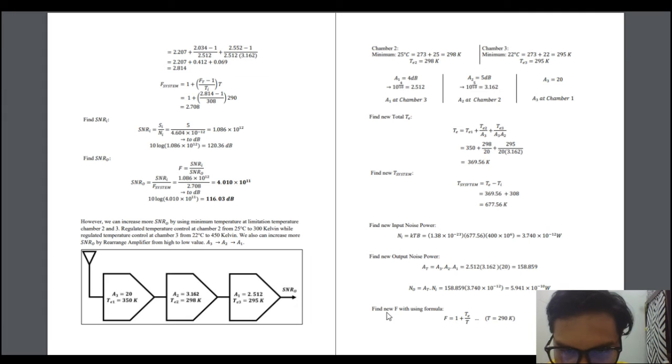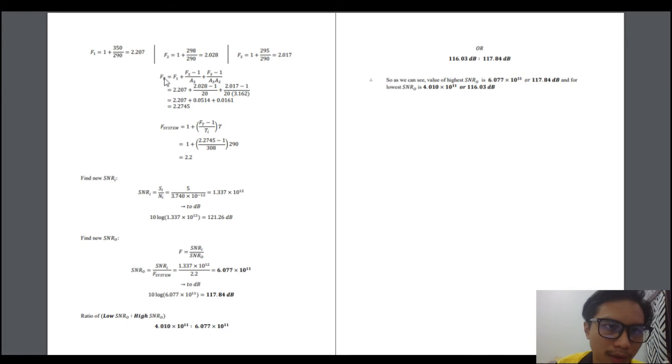And we're going to find the new F using the formula F equals 1 plus TE divided by T0. So for F1 we get 2.207, F2 is 2.028 and F3 is 2.017.